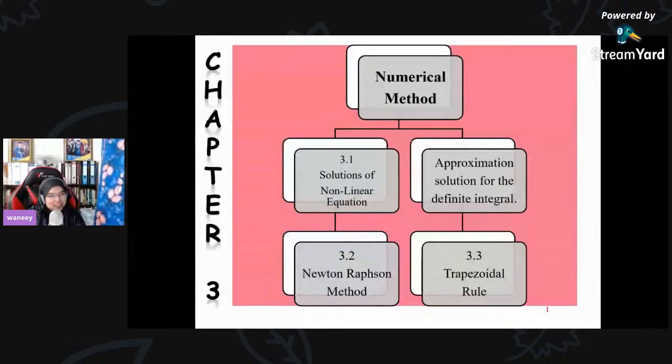Okay je. Alright. Okay, so let us start, so that if we start early, we can actually finish a little bit early. Okay, so this is a new topic, chapter 3, numerical method. Basically we're going to learn numerical method.